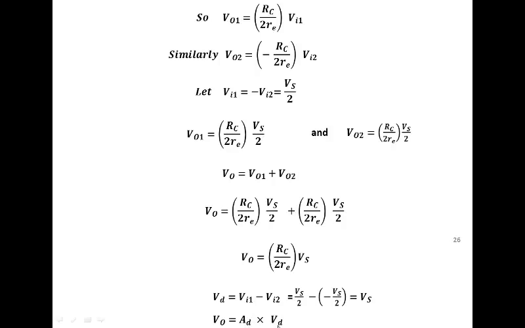So gain into VD is the output, where VD is equal to V in 1 minus V in 2, and V in 1 is Vs by 2, and V in 2 is minus Vs by 2. So VD would be equal to Vs, and this is the corresponding gain of the amplifier.